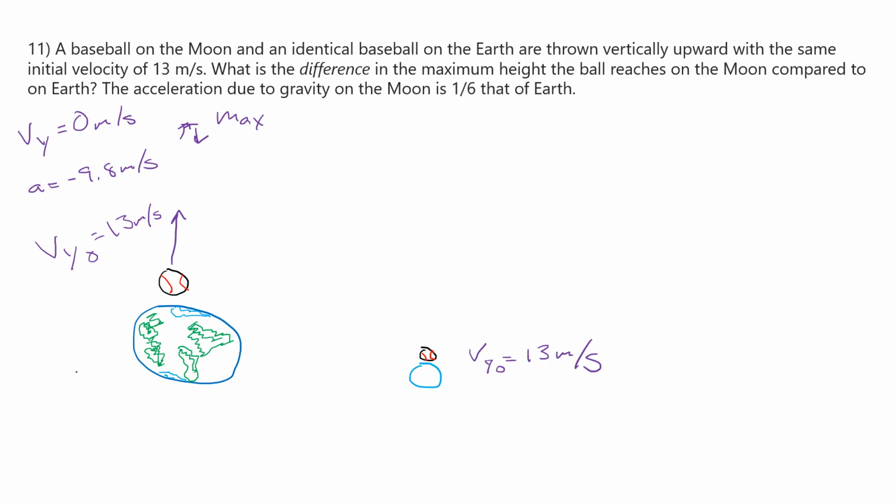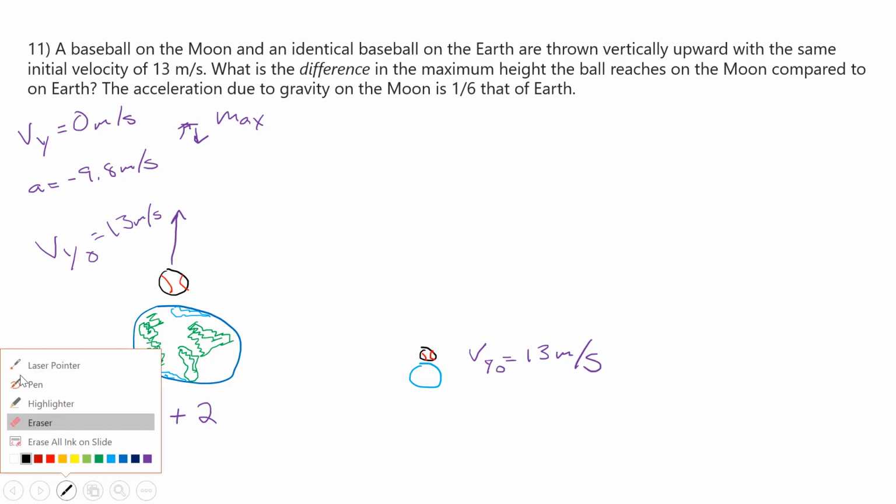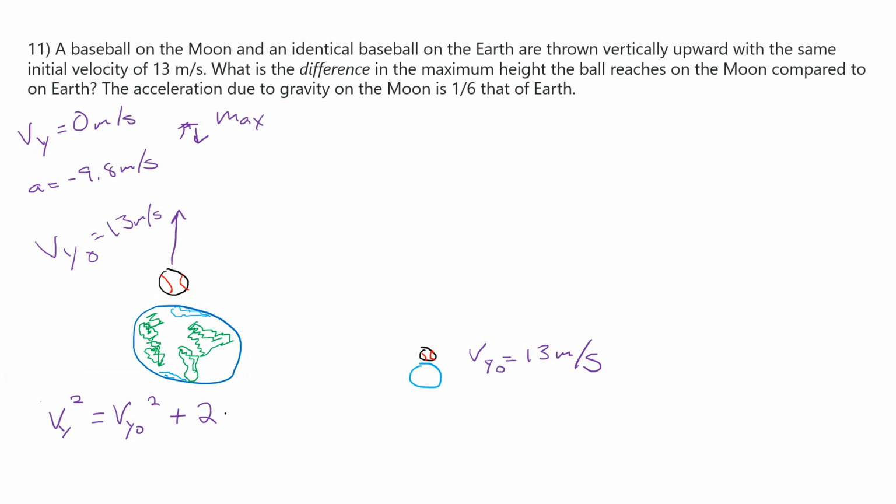And so there's a formula that we could use. It says v sub y squared is equal to v sub y initial squared plus 2 times the acceleration in the y direction times delta y.